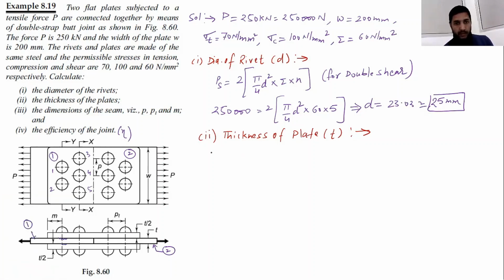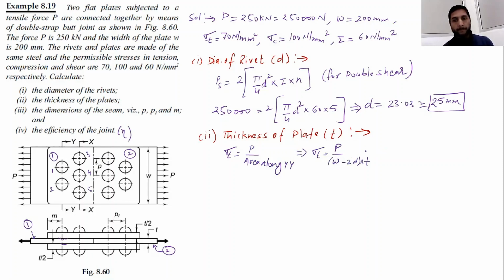If you have understood this, now from here you will get the value of thickness. The tensile stress will be force divided by area along YY. Now along the YY section there are 2 rivets, so the area will be width minus 2d into thickness of the plate.